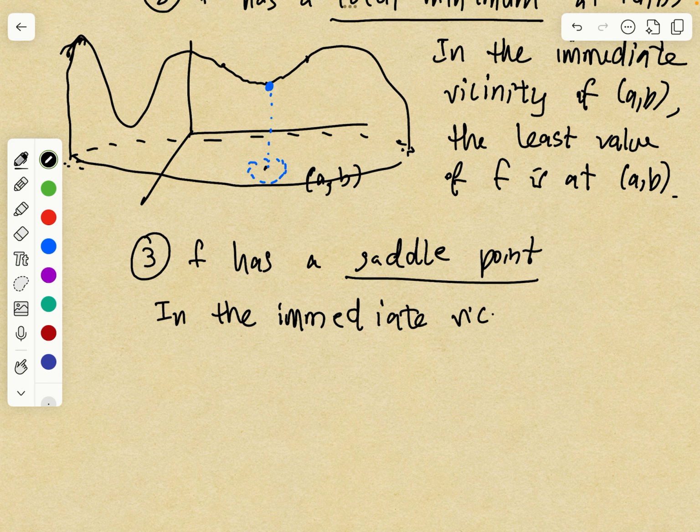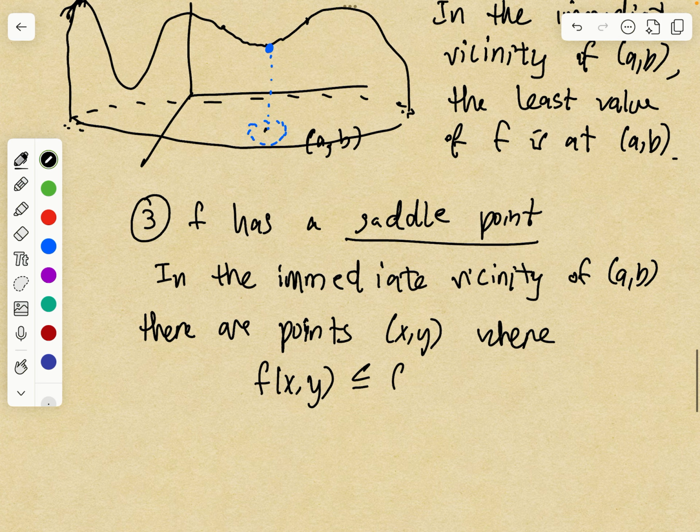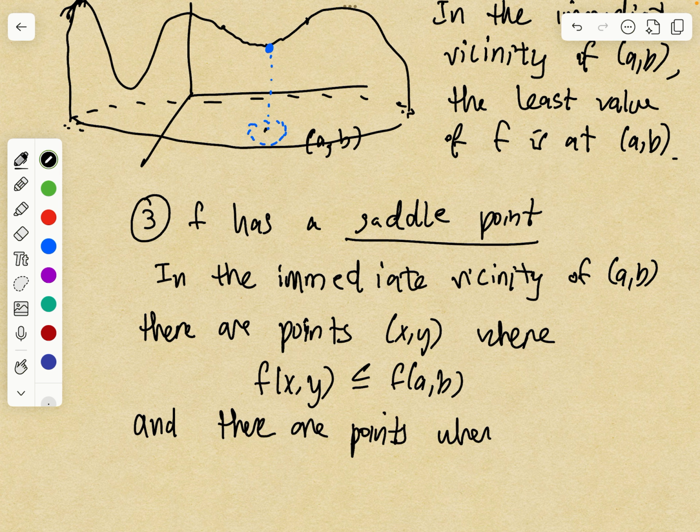So near a comma b, there are points x, y where f of x comma y is less than or equal to f of a comma b, and there are points where f of x comma y is greater than or equal to f of a comma b.